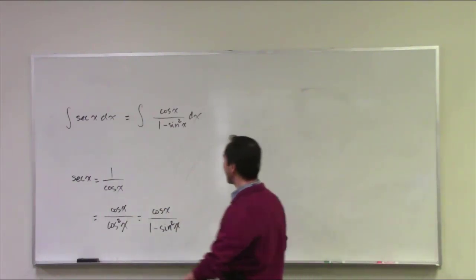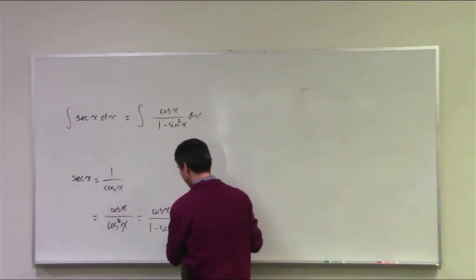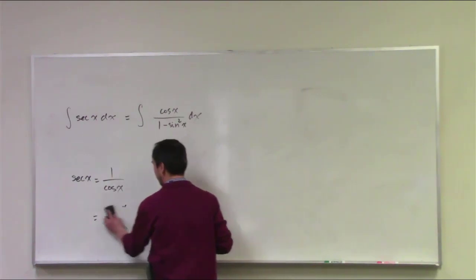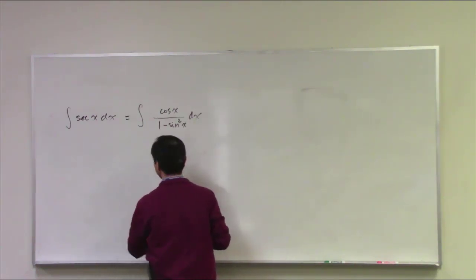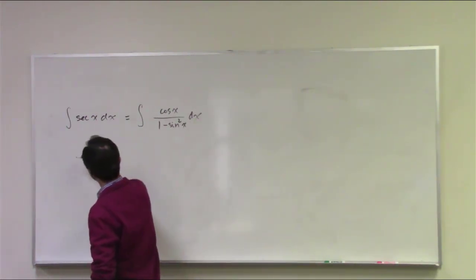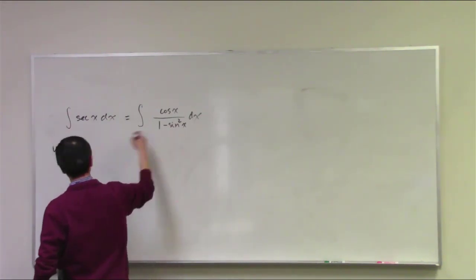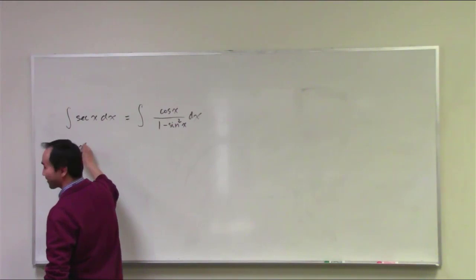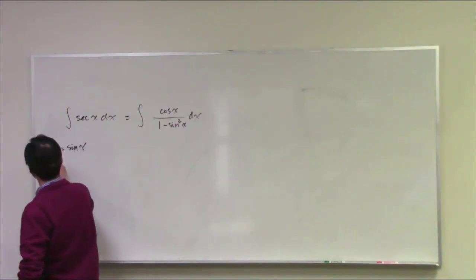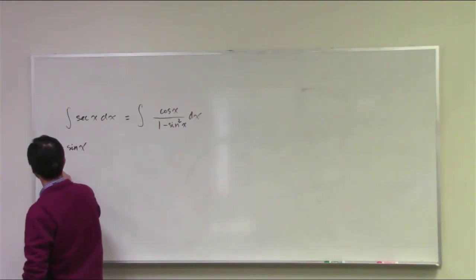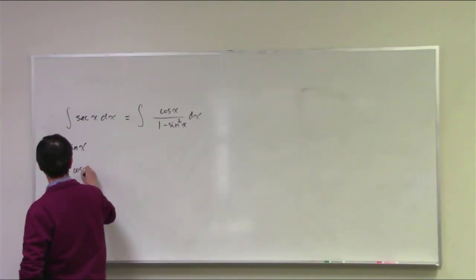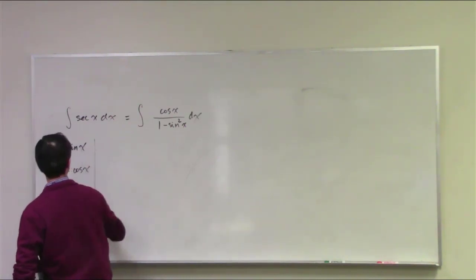Now, to proceed further into my integral, I'm going to erase this extra scratch work and use a u substitution. I'm going to let u equal sine of x. So du over dx is cosine of x, or du over cosine of x equals dx after rearranging the differentials.